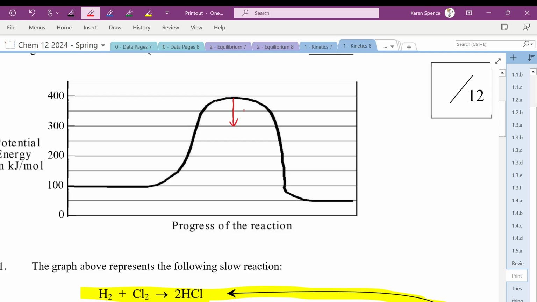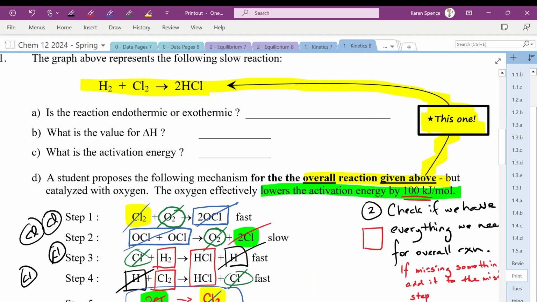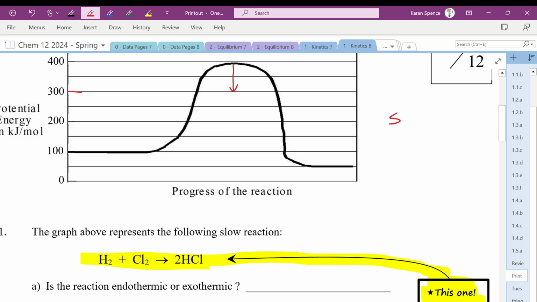So that means our peak of the catalyzed has to be at the 300 mark. Other things that we're missing from people, this is a 5-step reaction. And if you're given the mechanism and you know how many steps, you need the same number of peaks as steps.